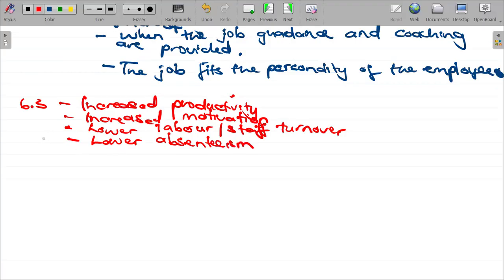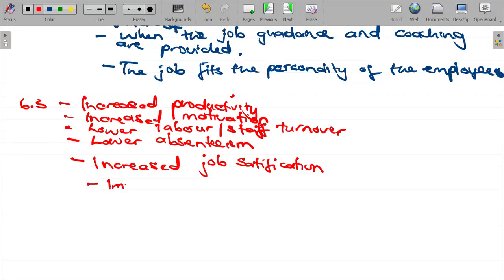As well as it also increases what? It increases job satisfaction, as well as improves the quality of work.